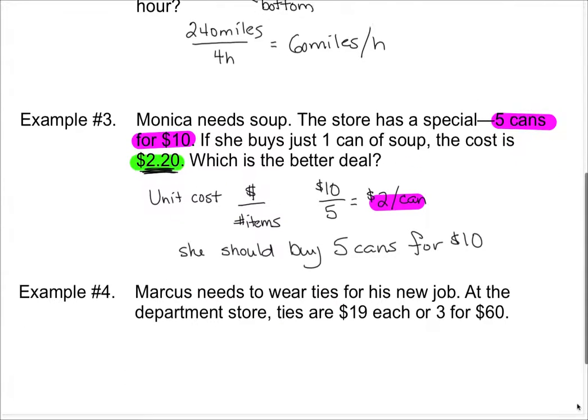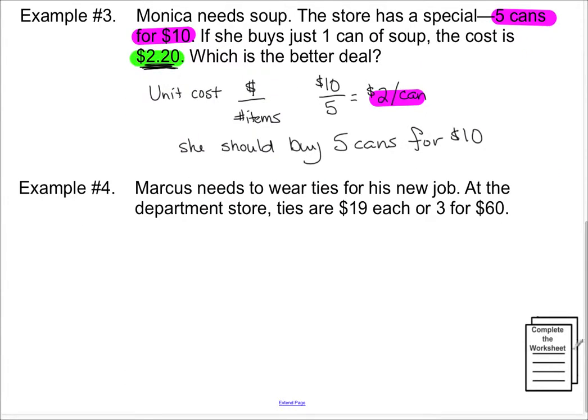All right. And here's our last question before we've got to complete the worksheet there. Marcus needs to wear ties for his new job. At the department store, ties are $19 each or 3 for $60. So he can buy $19 per tie if he just buys 1, or he can pay $60 for 3 ties.